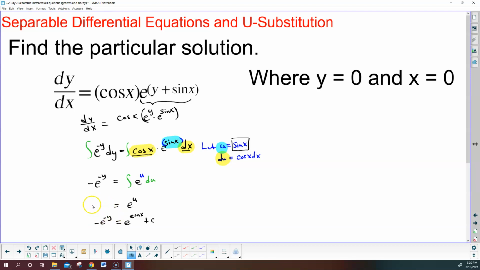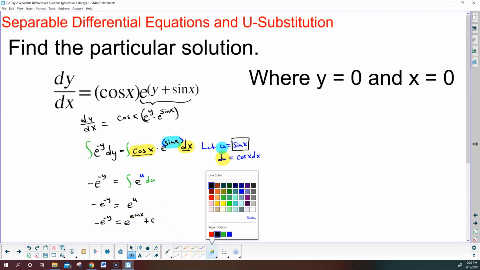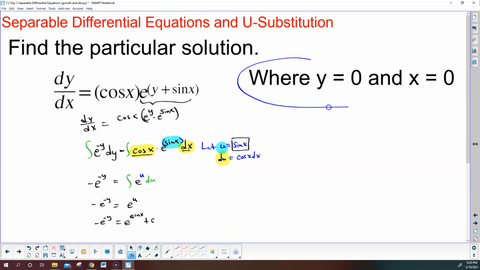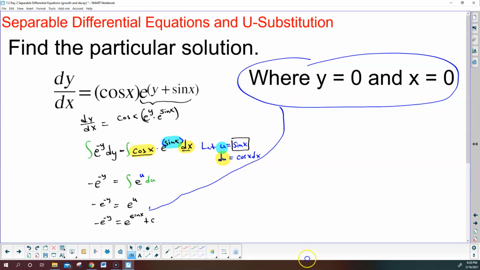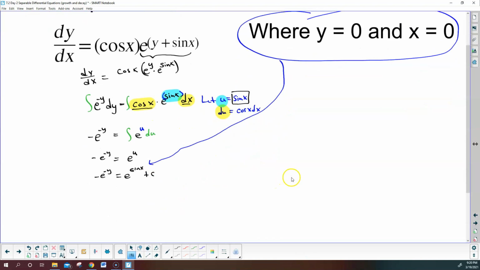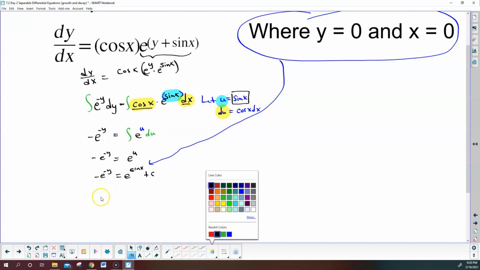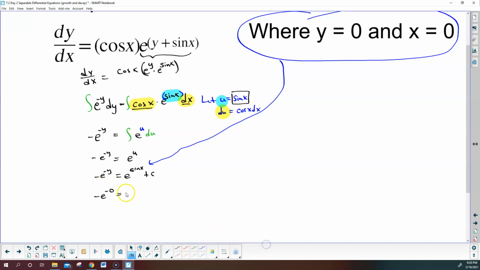All right, so where are we at now? The first instance where c occurs, we're going to go right back to the initial condition. We're going to plug it in. Let's plug in x equals 0 and y equals 0. I plug in 0 for y, 0 for sine.